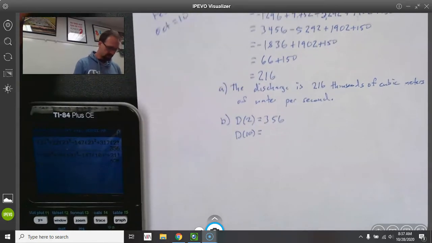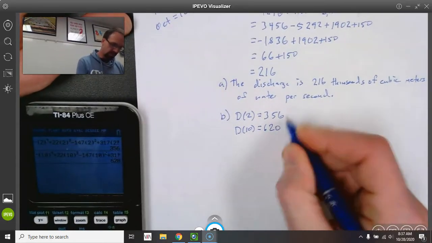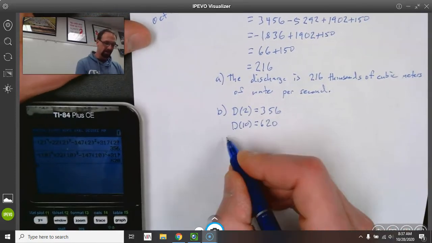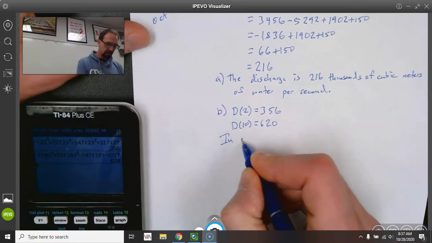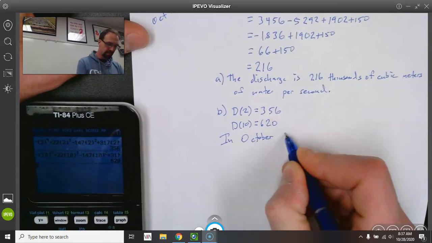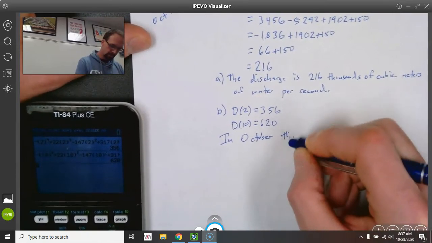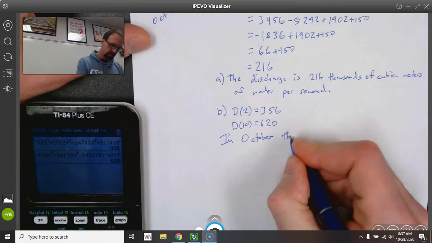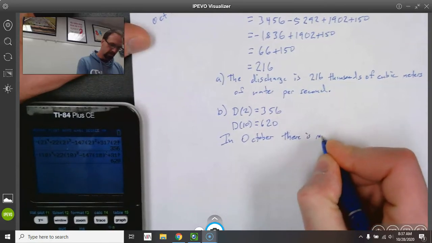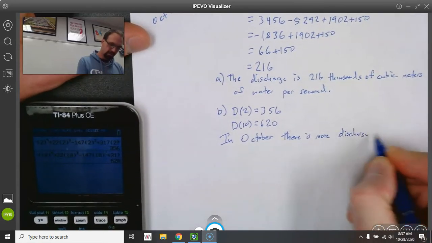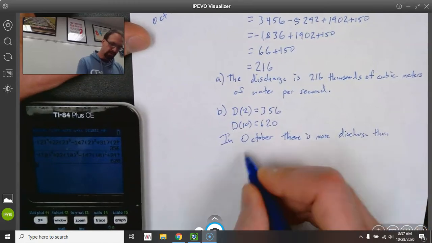There we go. And then 620. So comparing these two, you can see that the October fall rains, in October, there is more discharge than February.